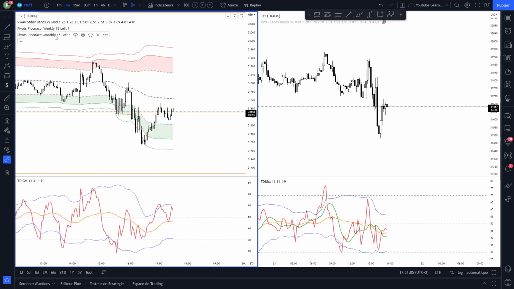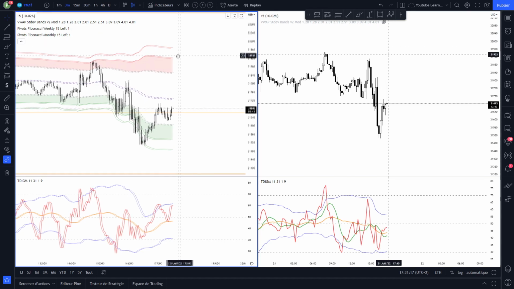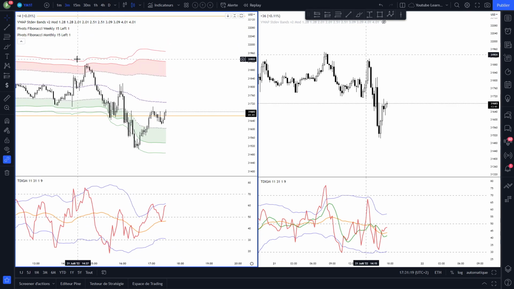So I'm using 3 different indicators. First one is the VWAP, which is, I think, the most important one, and you should know that I trade only US 30. So I'm using 2 different charts, the 3-minute one and the 15-minute one. Why am I using the 3 and 15-minute charts?